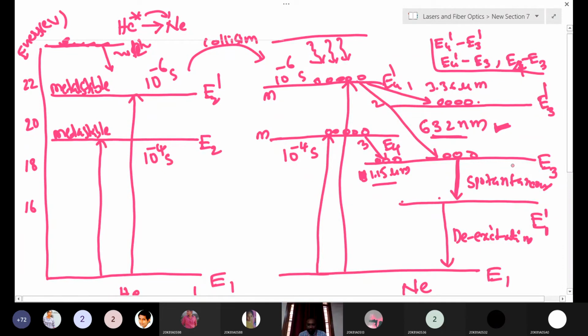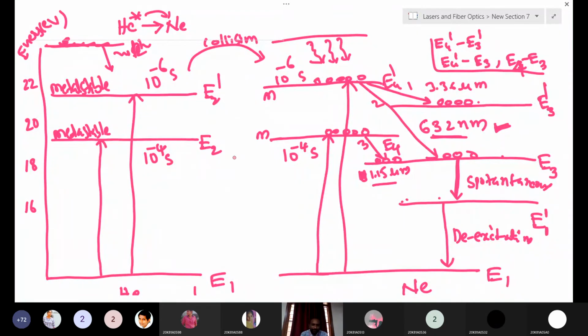Photons emitted here also interact with neon atoms and send them to the excited state. After reaching the ground state, they go to the excited state again.